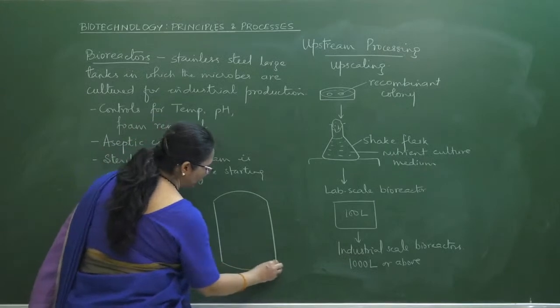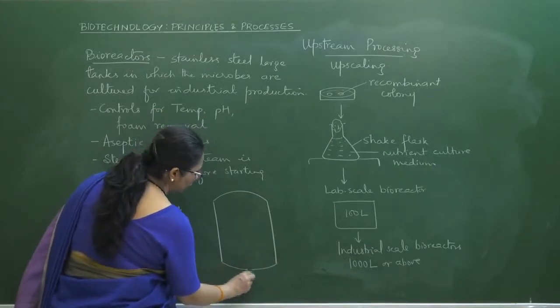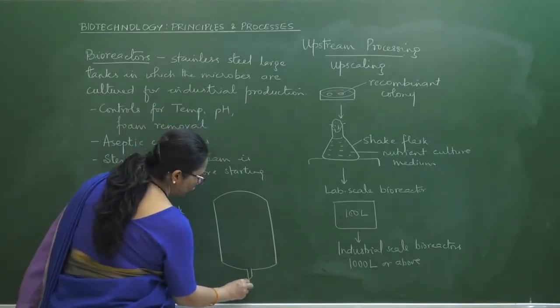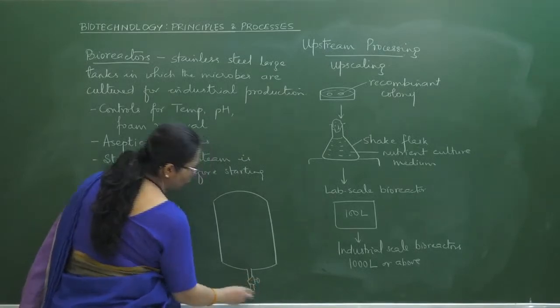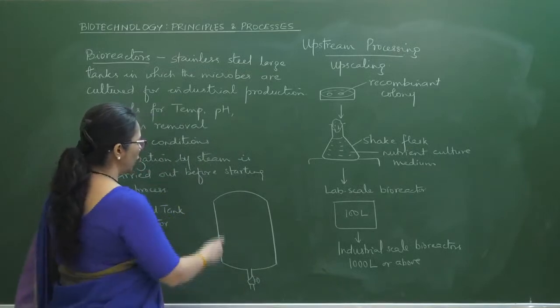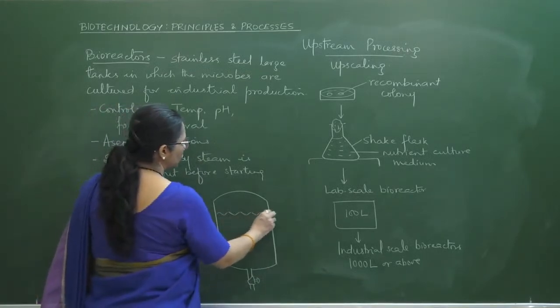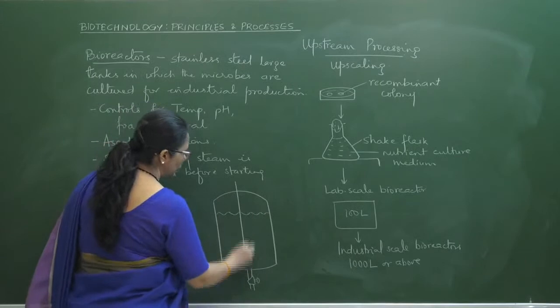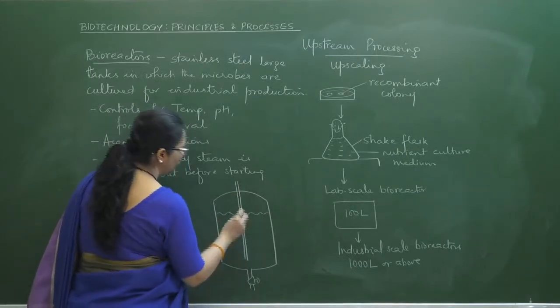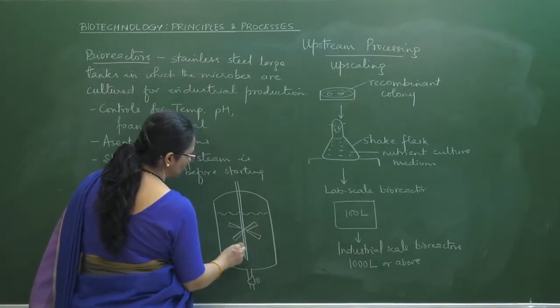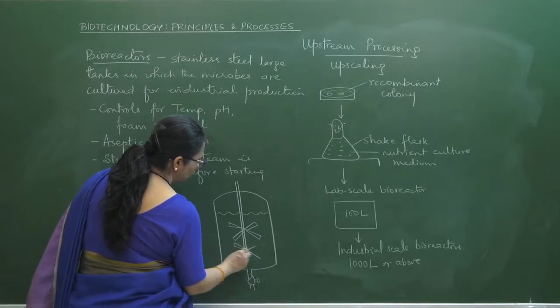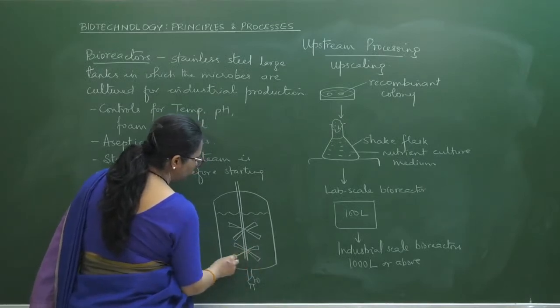Let us say this is the reactor, and in this there is a steam inlet through which the steam will be passed before starting everything, and then the knob is closed. Here is the nutrient culture medium, there is a stirrer here, and to this stirrer fan blades are attached, which is called the impeller, to further help in the mixing.